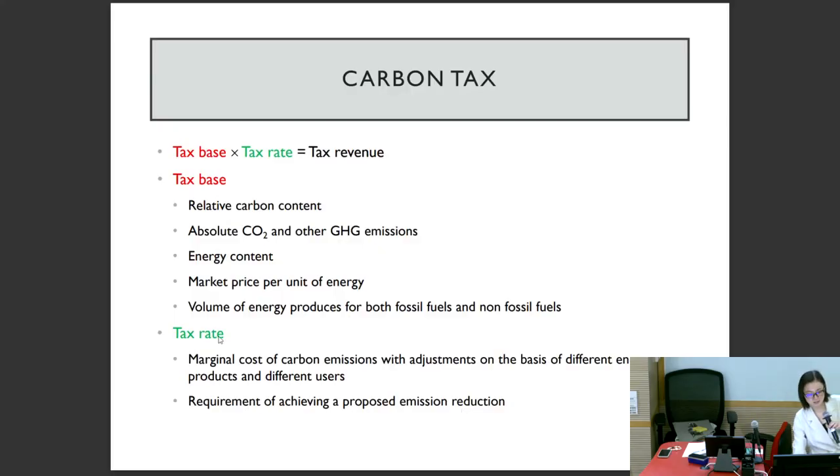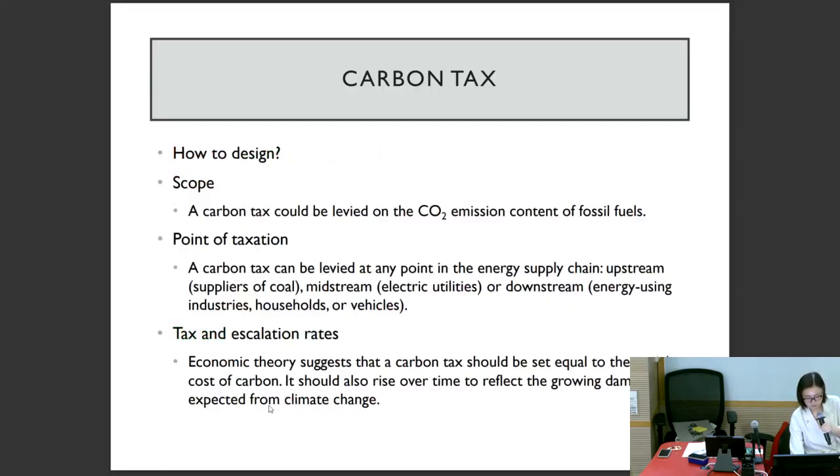So the quantity or the value of the tax rate will be related to the marginal cost of carbon reduction, okay, like that carbon abatement curve, and also the targets of carbon emission reduction. Okay, the scope. A carbon tax could be levied on the carbon dioxide emissions content of the fossil fuels.